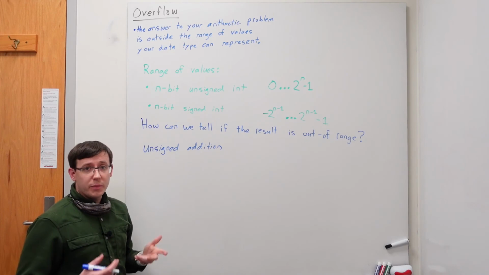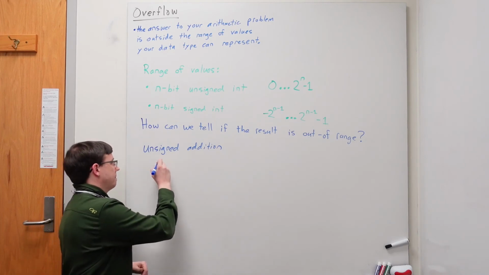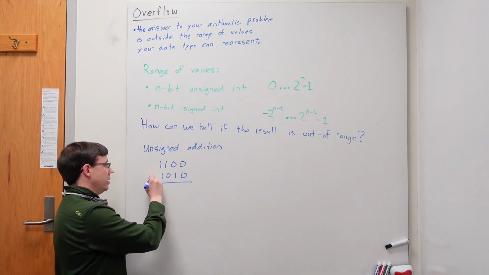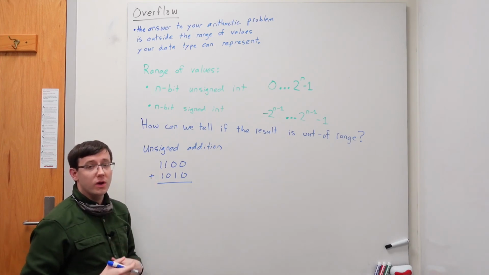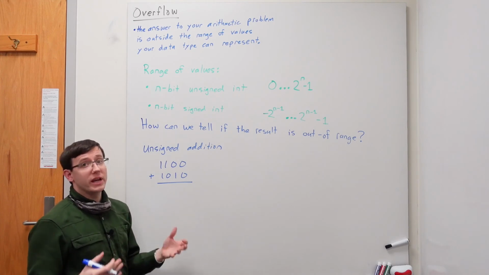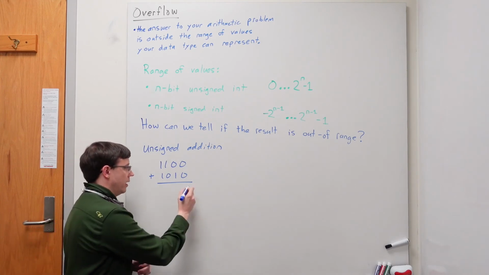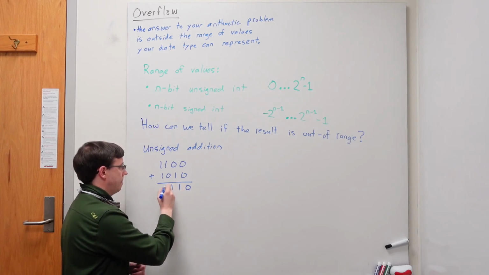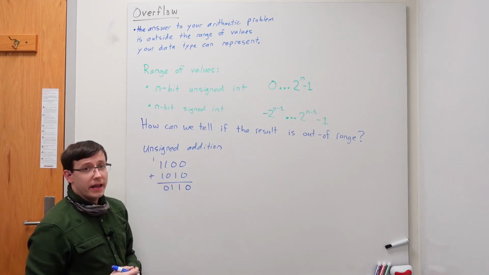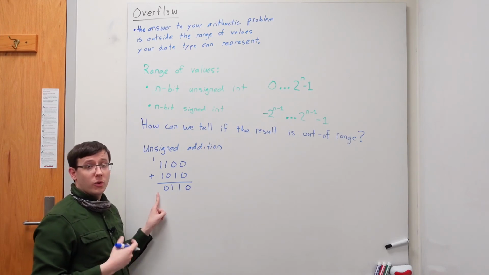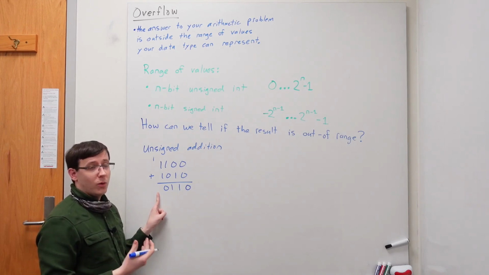Let's look at a 4-bit example where that happens. Here we're adding 12 plus 10, so the result should be 22, which is bigger than 15, the maximum we can represent. So we expect overflow to occur, and when we perform our addition, we got a carry out the end that we would have needed in order to represent the value 22.